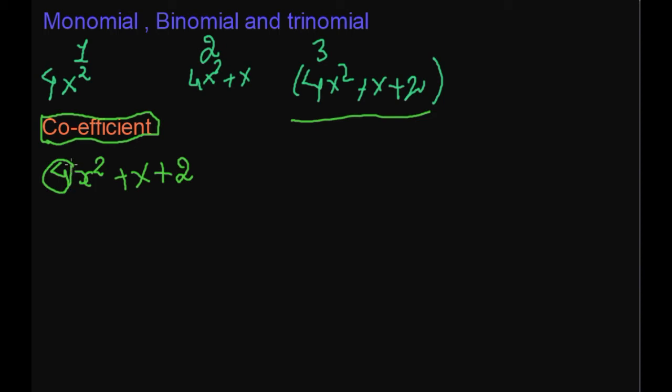The number in front of the variable is called the coefficient. What is the coefficient of this x? Is there any coefficient of this x? Yes, it is 1. We can write this example as 4 into x to the power 2 plus 1 into x plus 2. So here 1 is the coefficient. So the number in front of the variable is called the coefficient.